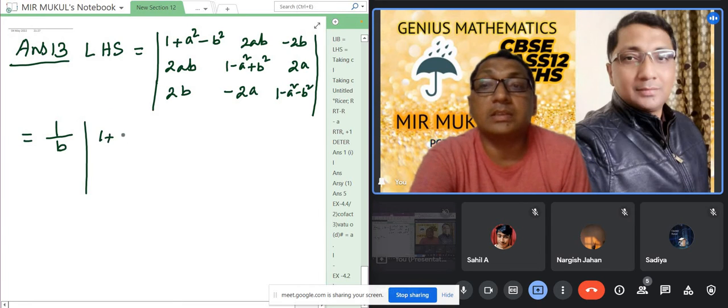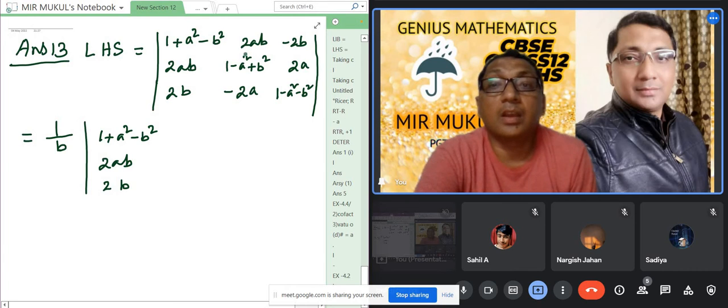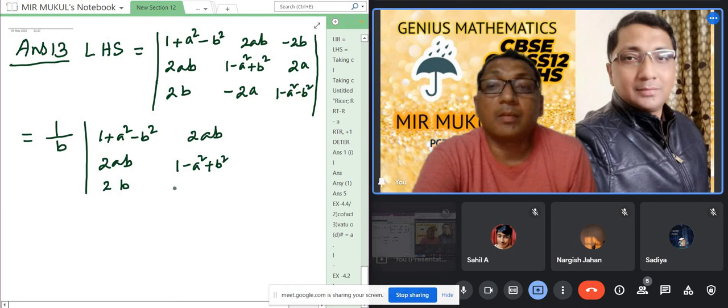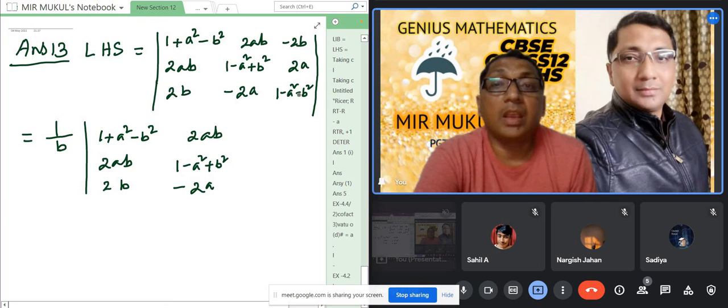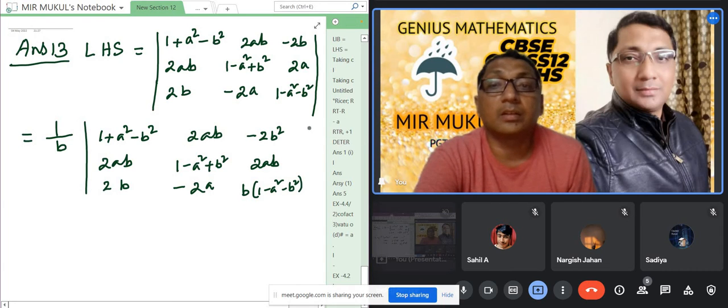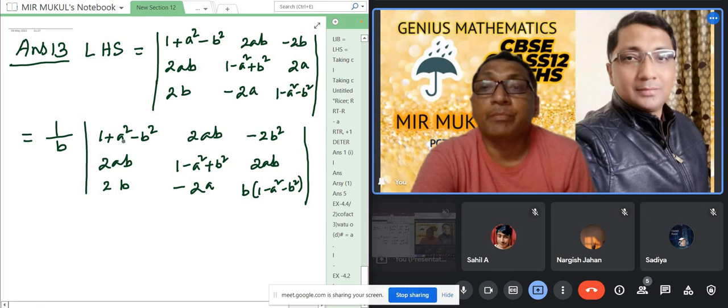So: 1 plus a squared minus b squared, 2ab, 2b; then 2ab, 1 minus a squared plus b squared, minus 2a; here, multiplying by b, we get minus 2b squared, 2ab, and b into 1 minus a squared minus b squared. Right.